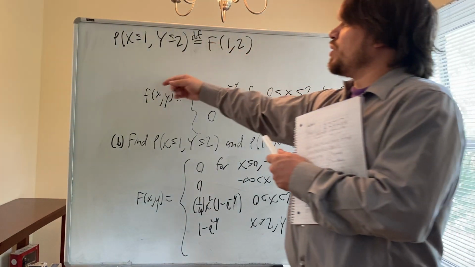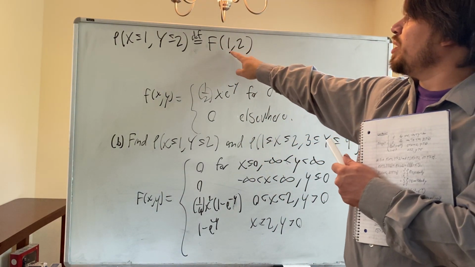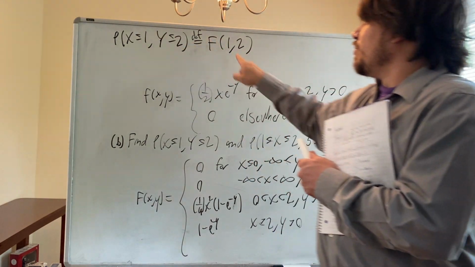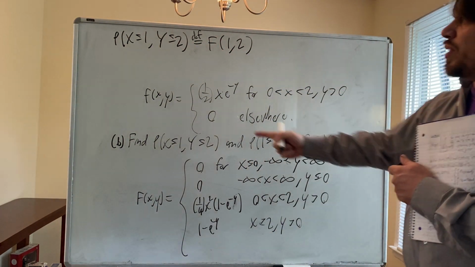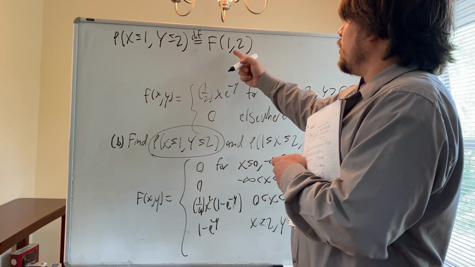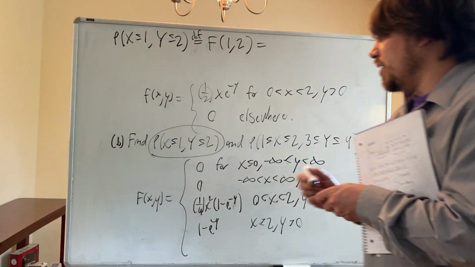That's by the definition. So this is capital F of 1 comma 2. Capital F of 1 comma 2 is the probability that capital X is at most 1 and capital Y is at most 2. Okay? And so, to find that probability, we're just going to find what capital F of 1 comma 2 is, but we found capital F here.